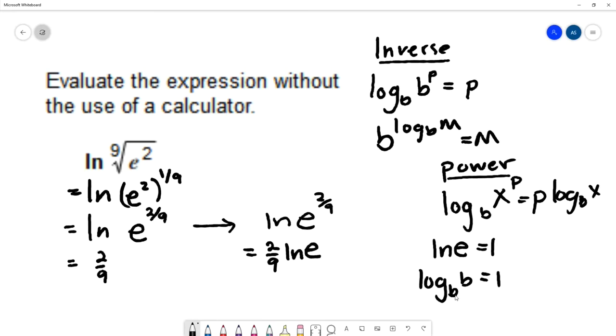Anytime the base is the same as what you're taking the log of, it is equal to 1. So this is 2/9 times 1, which is 2/9. So here are just a couple different ways that we work this out to be 2/9.